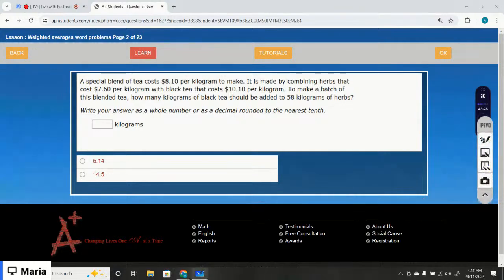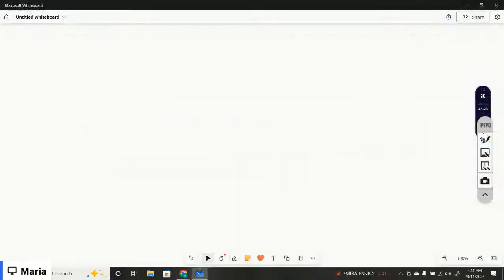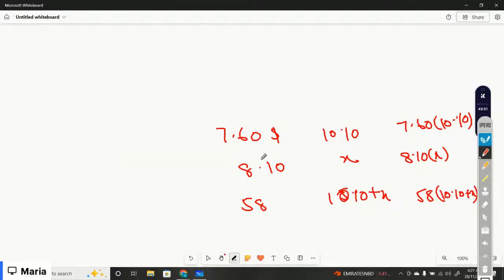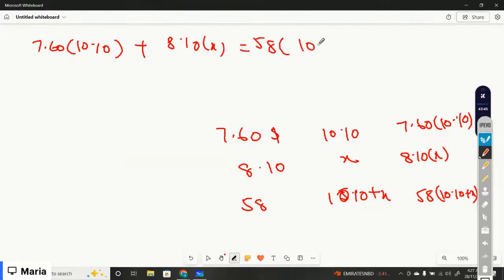Now let's just do the calculations on the whiteboard. Okay, so the equation is 7.60 times 58 plus 10.10 times x equals 8.10 times (58 plus x). So just do the calculations, right?